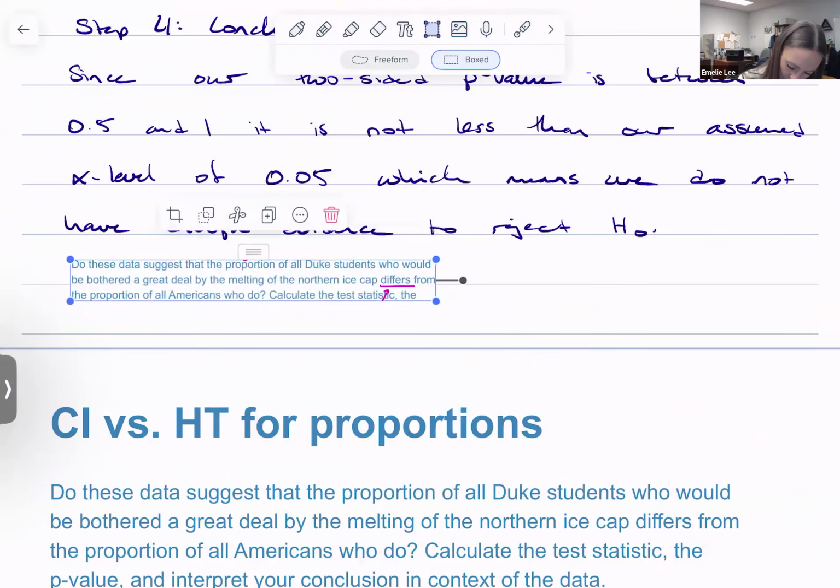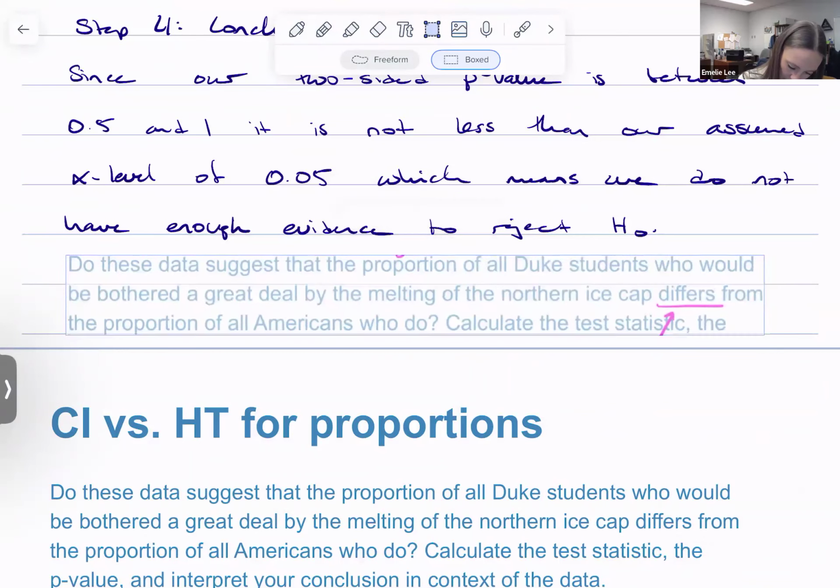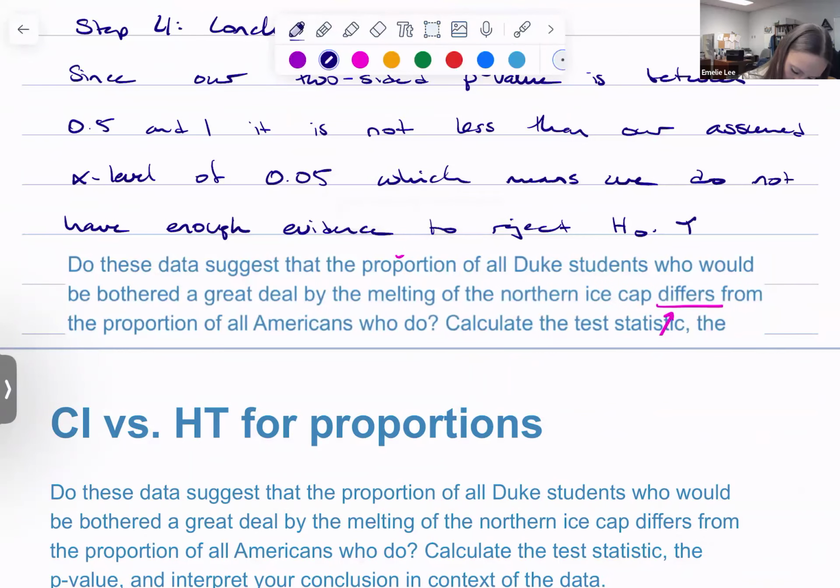Therefore, these data suggest that the proportion of all Duke students, which implies the population, right? Our conclusion's always in terms of the population, who would be bothered a great deal by the melting of the northern ice cap, differs from the proportion of all Americans who do, period. And then you can ignore that because that was just left over.